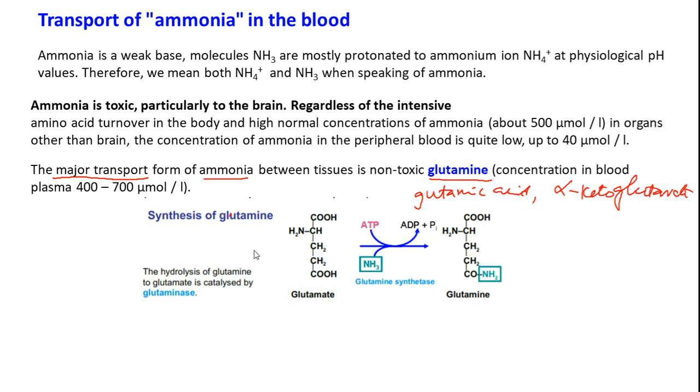Here you can see glutamic acid, the amino acid, which picks up ammonia by expending one ATP. It gets converted to glutamine. In glutamine, the terminal carboxylic acid group gets converted to an amide. Glutamine is a misnomer.